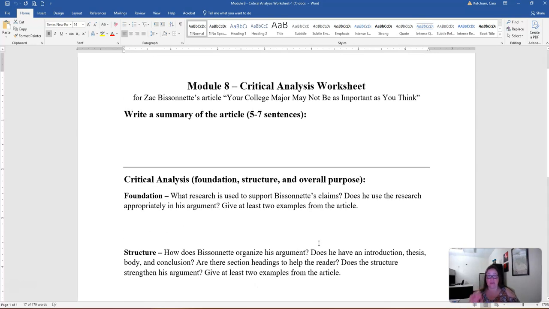Your assignment for this module is completing this worksheet. So because of that, I do want to point out in the rubric, there is still a note about sentence structure and grammar. You need to write in complete sentences.